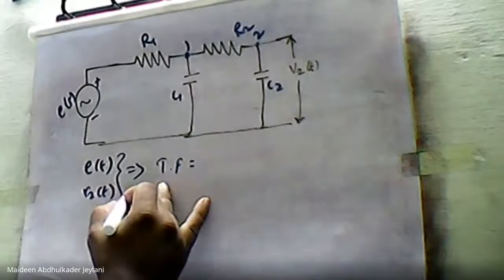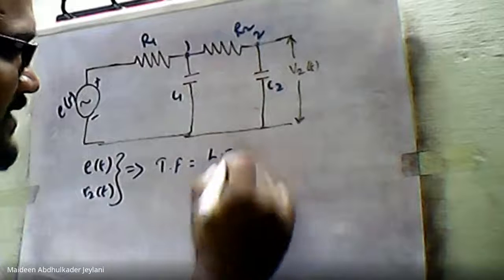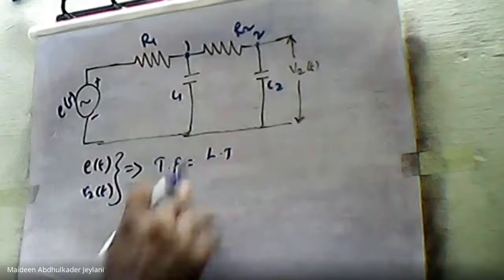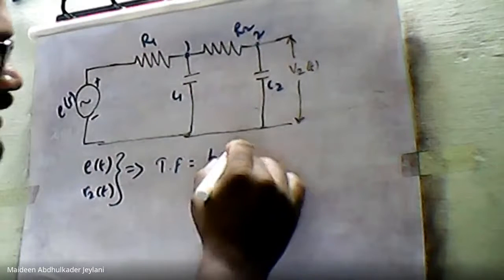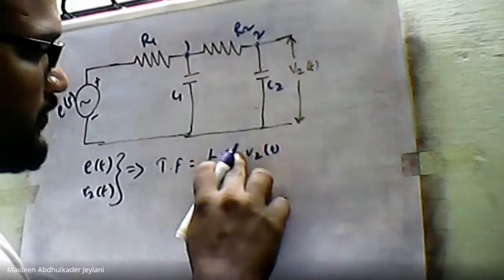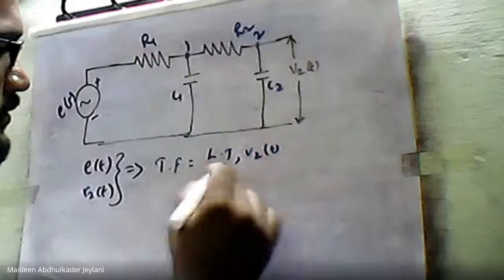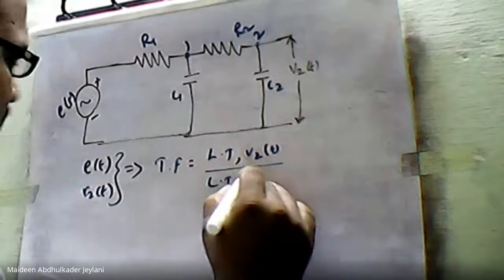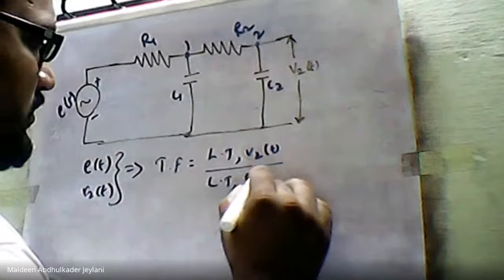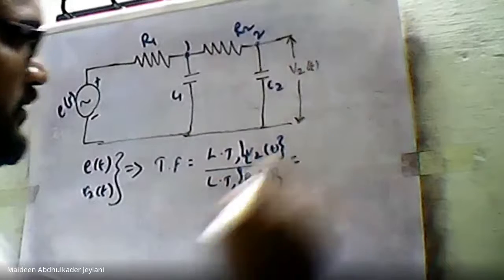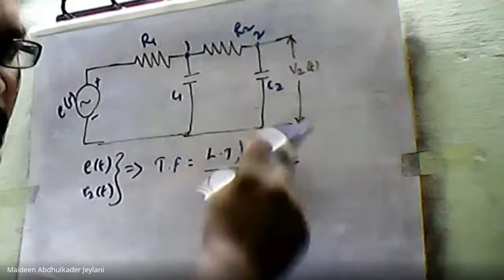The transfer function, we all know, is the ratio of the Laplace transform of output to the Laplace transform of input with zero initial condition. The output here is V2 of t, and the input is E of t.